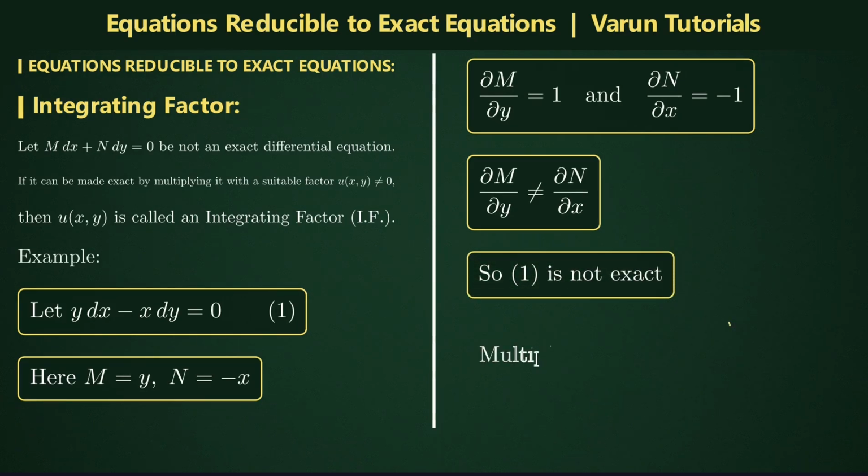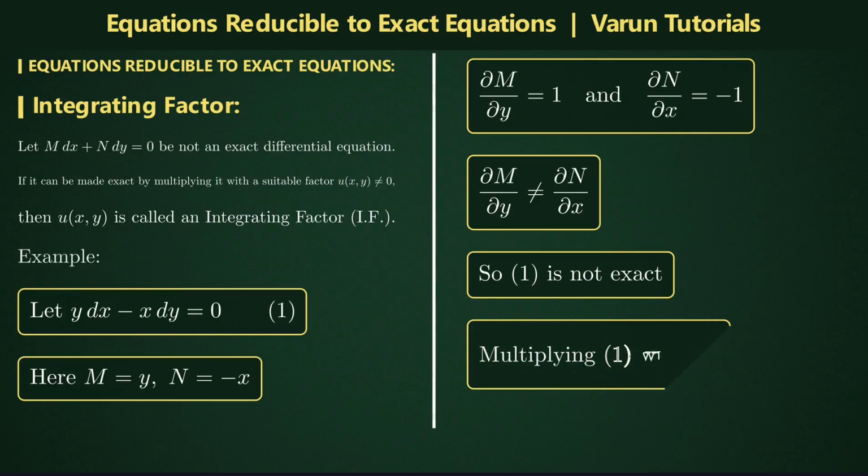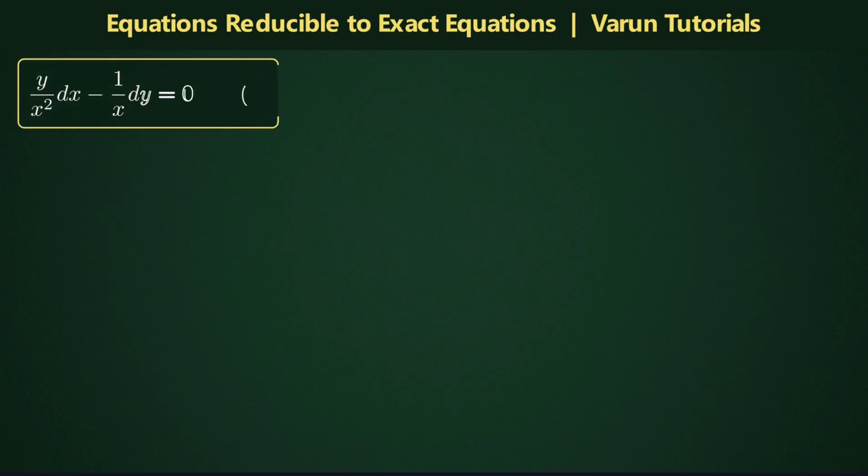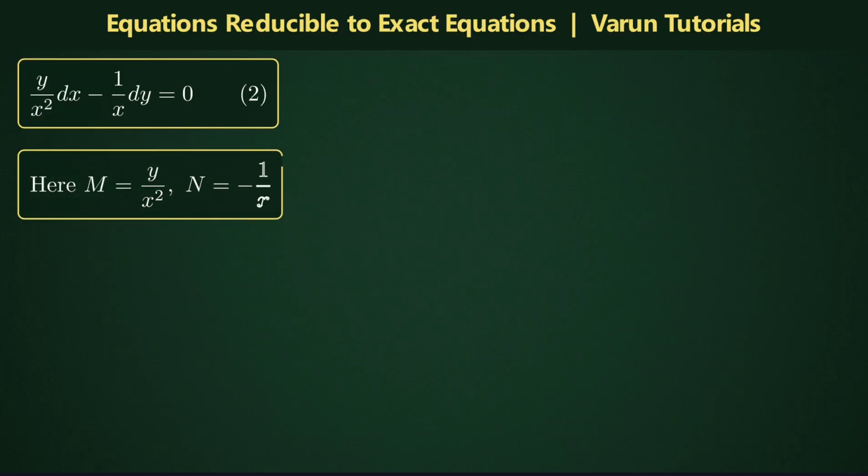Now, let's multiply both sides of equation 1 by the factor 1 over x squared. This gives us the modified equation, y over x squared dx, minus 1 over x dy, equals 0. Let this be equation 2. Here, the new M is y over x squared, and the new N is minus 1 over x.